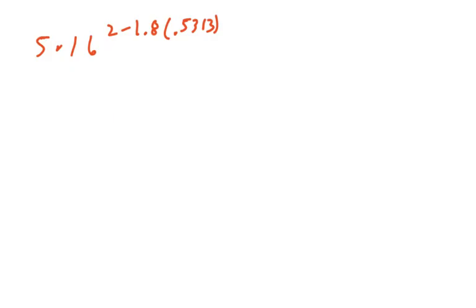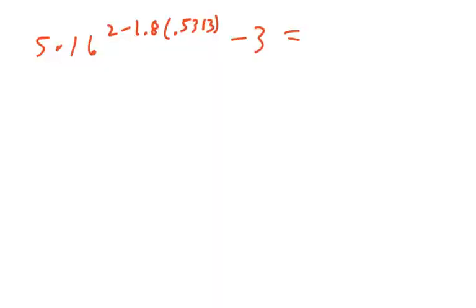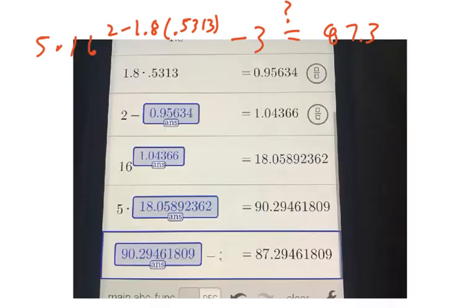I'm going to minus 3, and what I should get is something very close to 87.3. Question mark right now. So that's what I'm going to test out on my calculator. Now, I'm assuming you're allowed to use a calculator on this exam and do your corrections with, right? So hopefully that's the case. So let's see what I get.